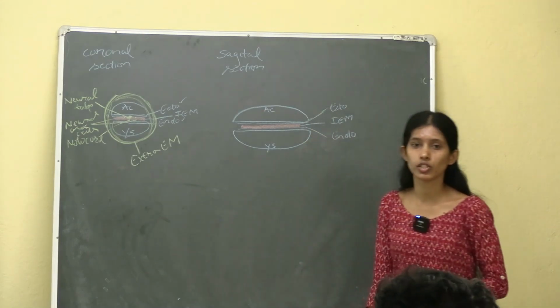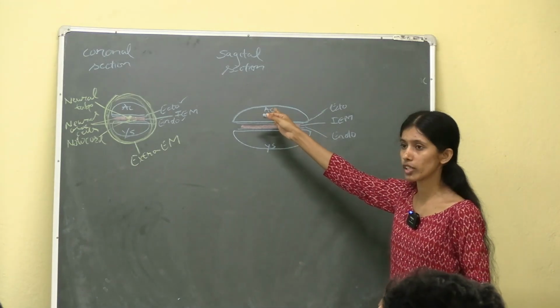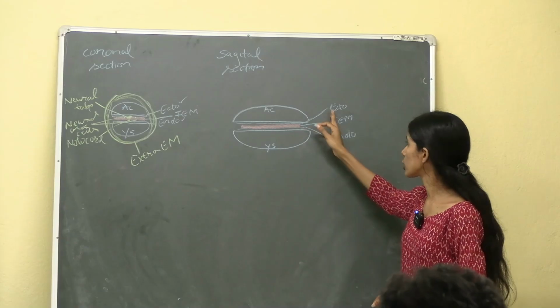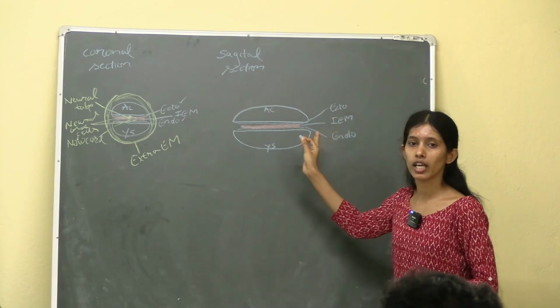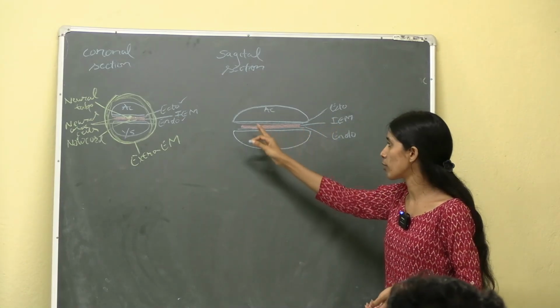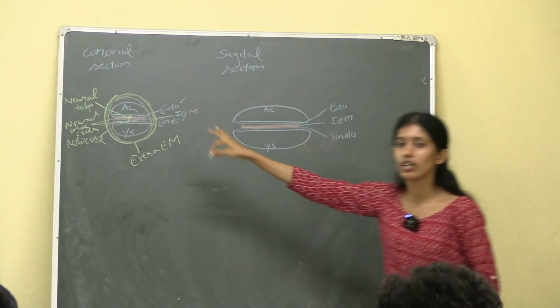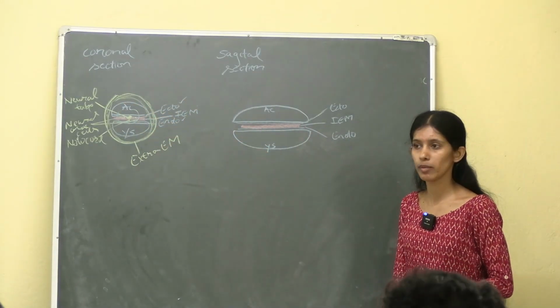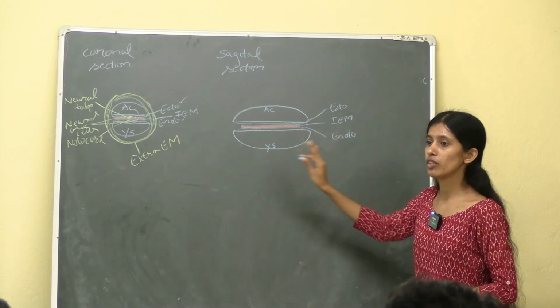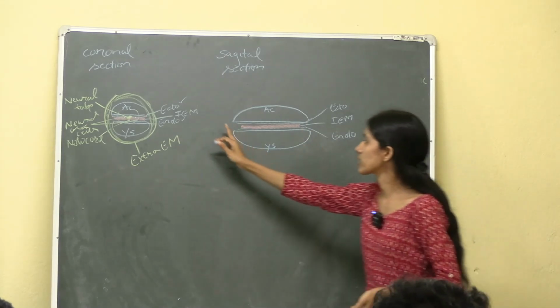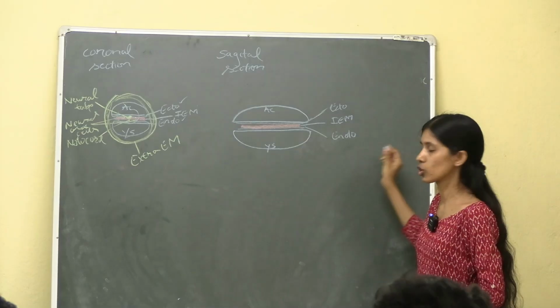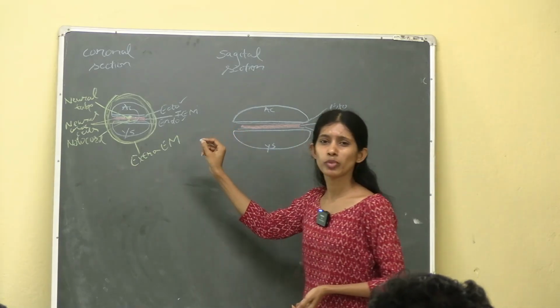In the sagittal section also we can see the amniotic cavity, yolk sac, ectoderm, endoderm and intraembryonic mesoderm. In the intraembryonic mesoderm we have the same structures as we saw in the coronal section, okay. But in the sagittal section we will get two ends. One is the cranial end and another one is the caudal end.